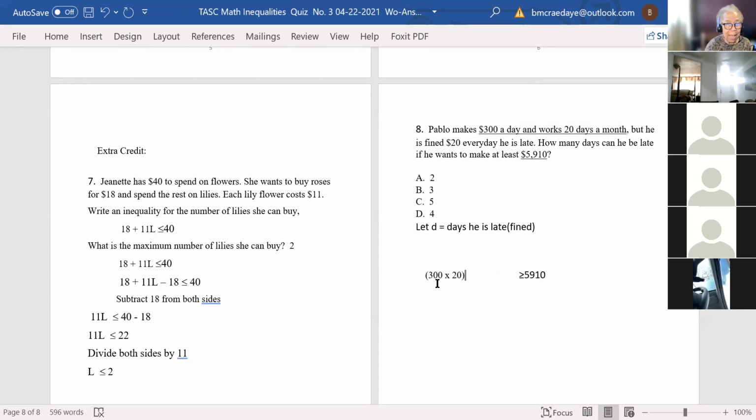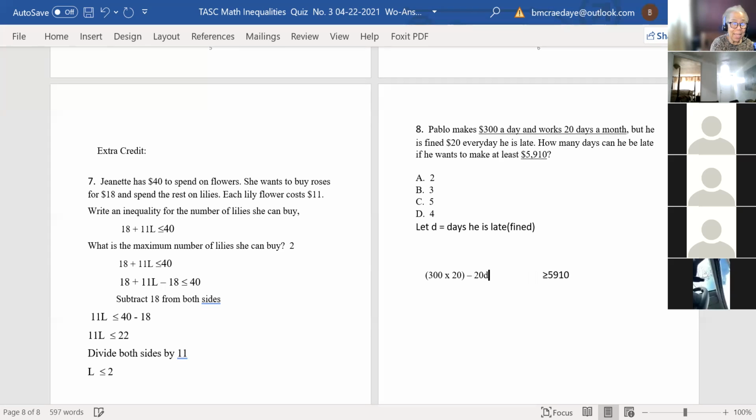Right? Now, how much is he fined for every day he's late? It's $20. So is that added or subtracted from his money? It's subtracted. That's right. So that's minus $20, and that's per day.